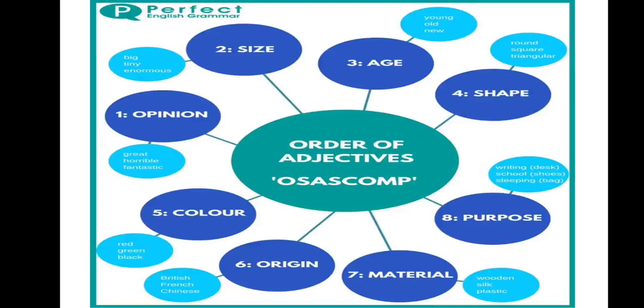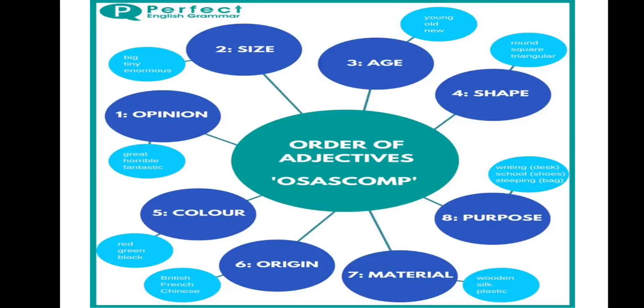First, you will use the opinion. Okay, that is horrible, fantastic, great. All these words come under the category of opinion. Then comes size, big, tiny, enormous, then age, then shape, purpose, material, origin, color.